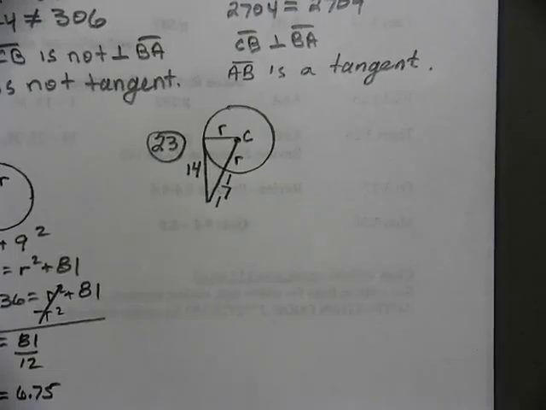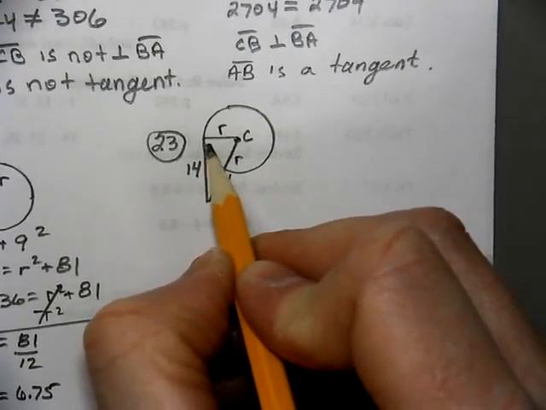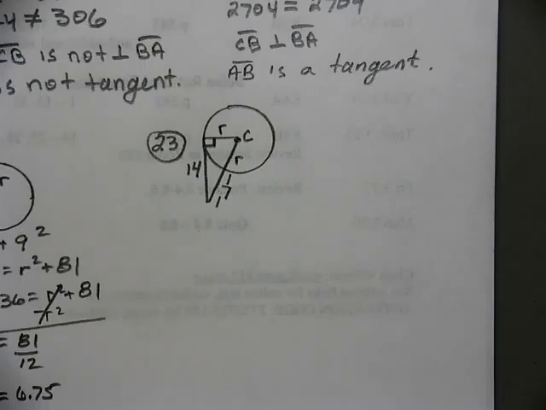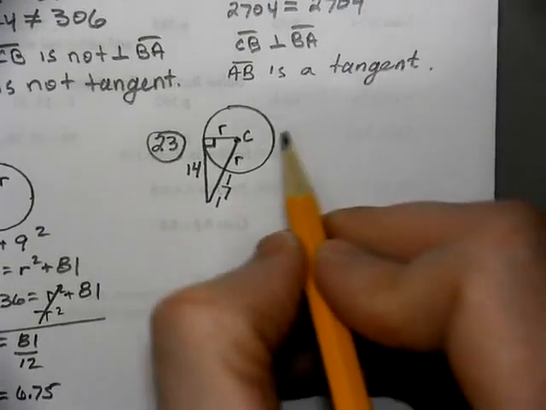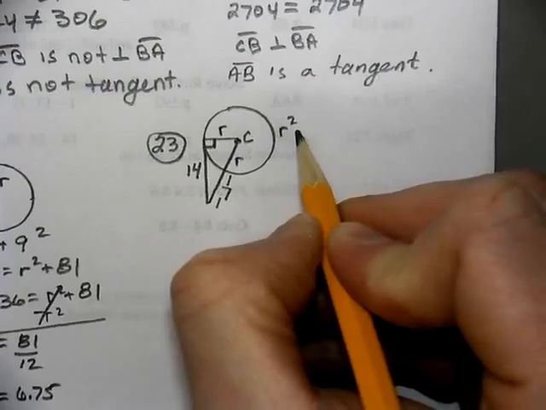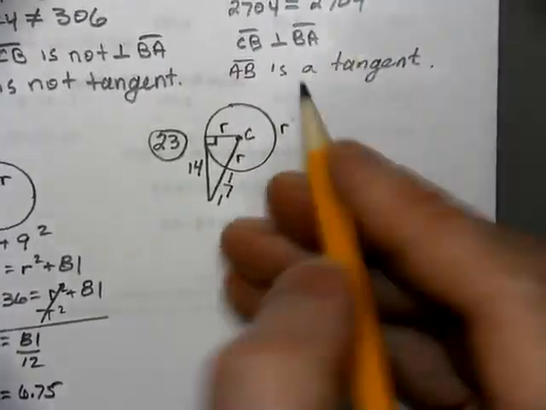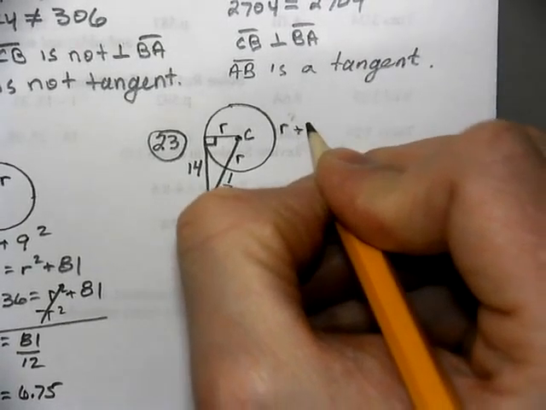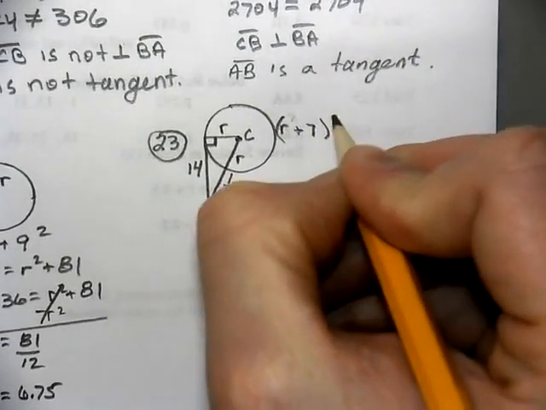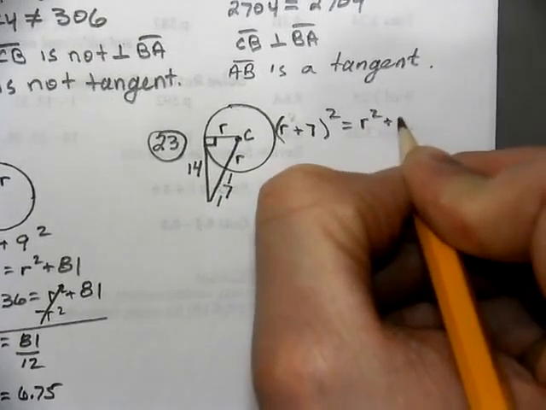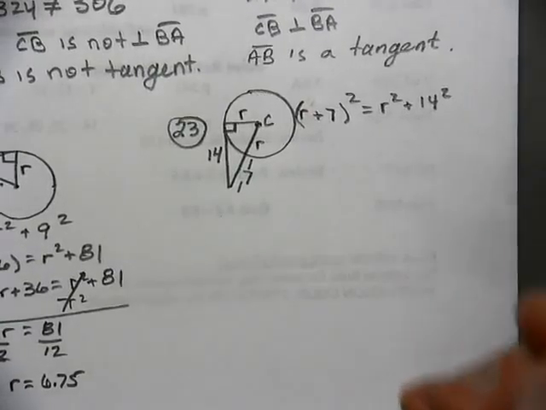So how do we set up this problem? We know that we have a tangent, so we know that it is perpendicular to the radius. We're going to take the r plus the 7, and we're going to square that, and we're going to equal that to the leg squared plus the leg squared.